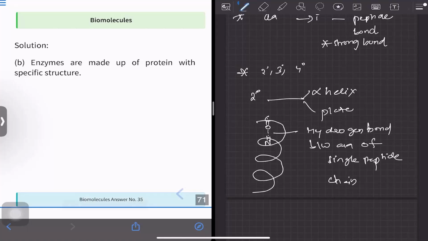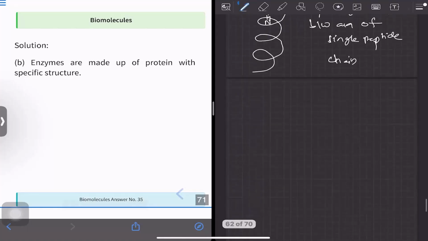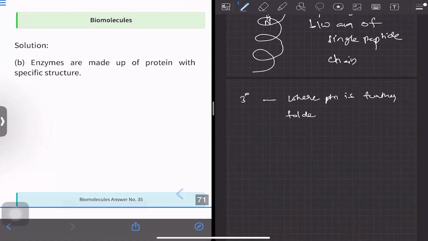This is alpha helix. And tertiary, where the protein is further folded into tertiary structure. It is a complex structure.